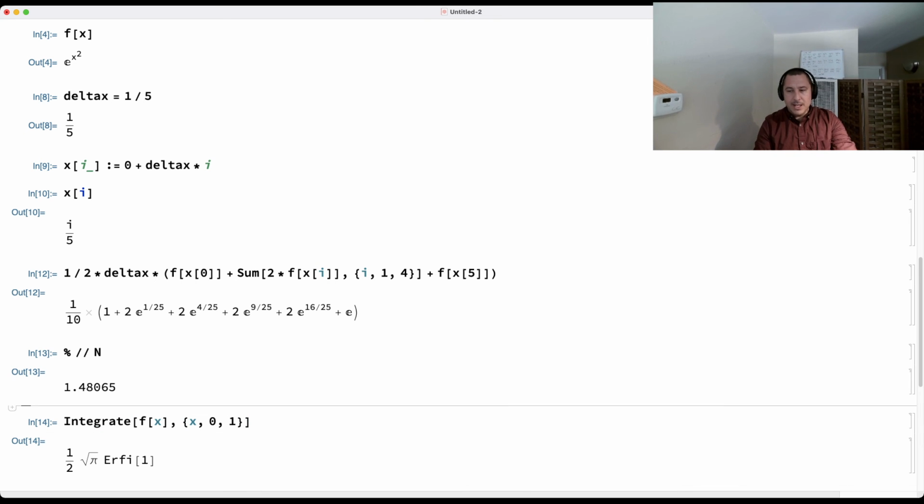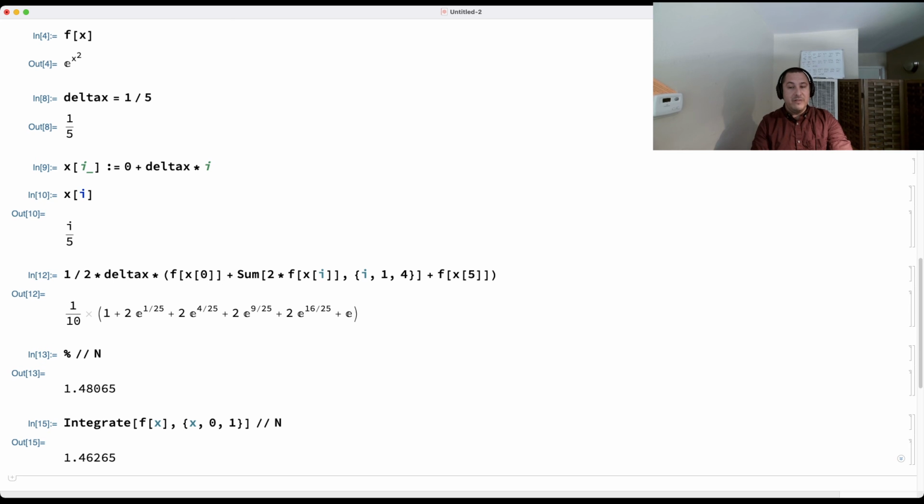And apparently the actual answer is 1.4625, which is not that far off, right? We got 1.48 with this method. You should have gotten 1.46 with the integral. That's pretty decent, especially if you imagine you were like 200 years ago trying to calculate this. It'd be hard enough to add up all those numbers.